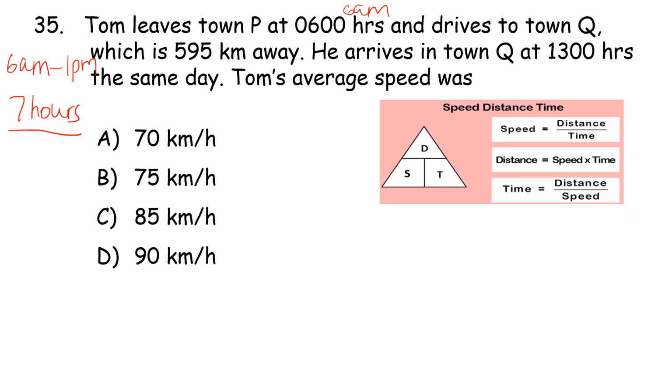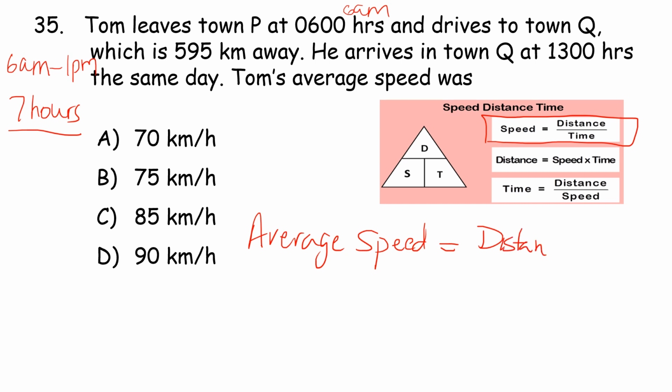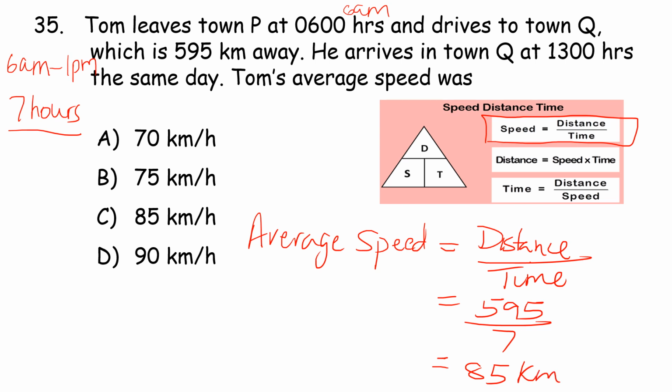There's a formula, and we're looking at the average speed. Average speed is equal to the distance over the time. So the distance 595 over 7. And when we cancel that out, we're going to get 85 km per hour. The answer is C.